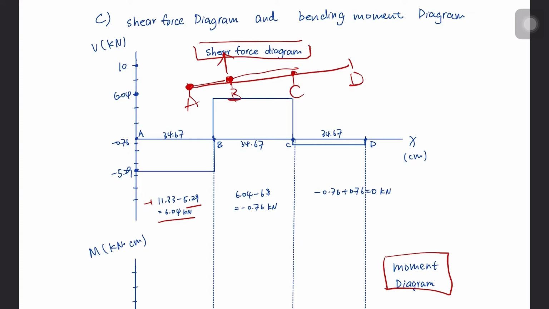So at point C, it will be 6.04 minus 6.8, which is negative 0.76 kilonewtons at C.